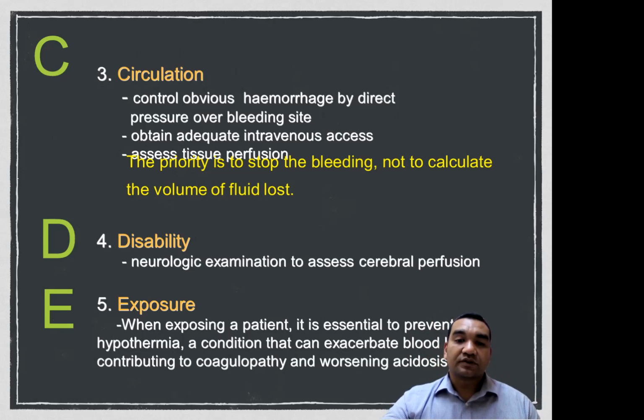And lastly, exposure. When exposing a patient, it is essential to prevent hypothermia. This is very important because hypothermia will affect the coagulation factors and worsen the outcome of the patient.